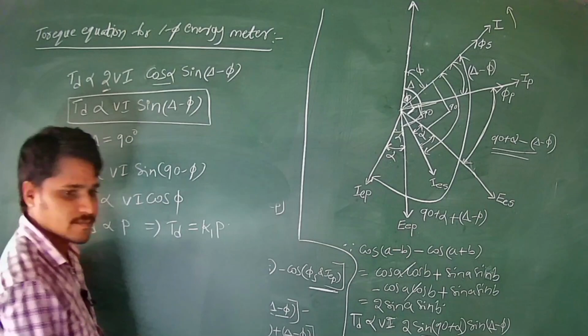So N is equal to some constant into P. This constant K is nothing but our meter constant, which is given by N by P, and the unit is revolutions per kilowatt hour. That means the number of revolutions made by the disc is directly proportional to P.